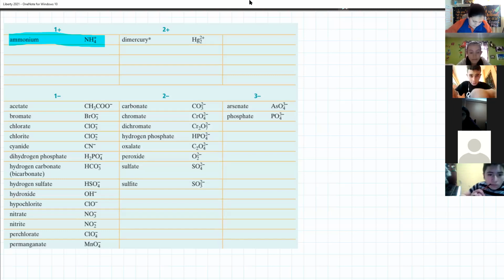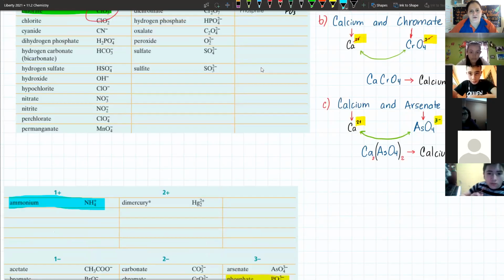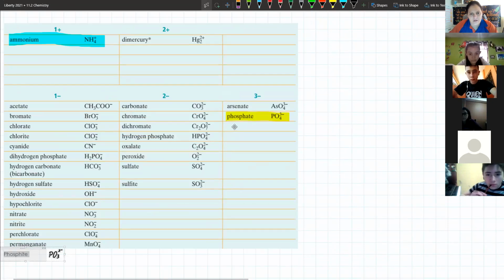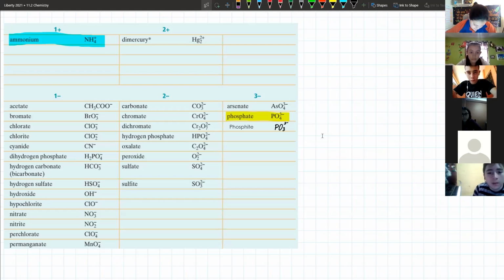Phosphate. I forgot to bring phosphate, I'm going to put it there too. Just give me a second. You said phosphate. So another volunteer to choose from column 1 and column 2. Nitrate.